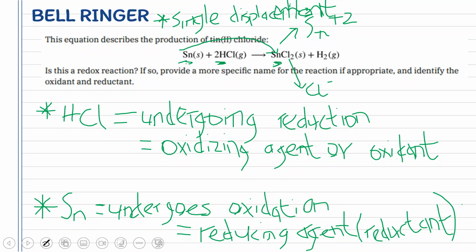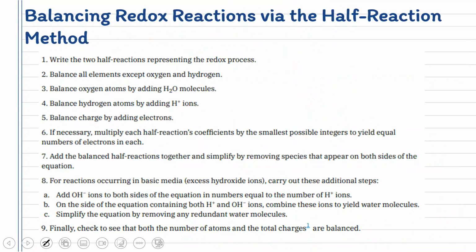Okay, no questions. I guess we're all good. Great. If we're all good, then we want to go to actually the main deal for today. The main deal for today is we're going to look at balancing redox reactions via half reaction method.